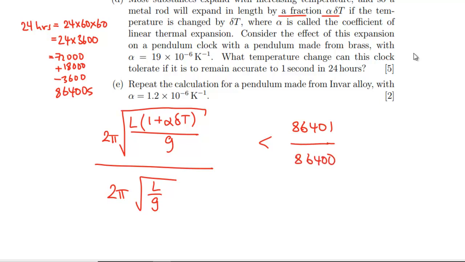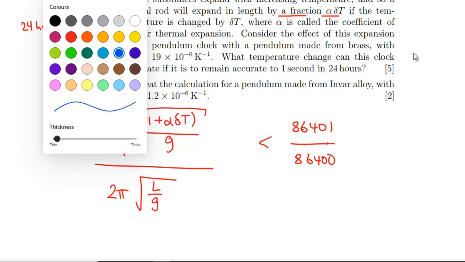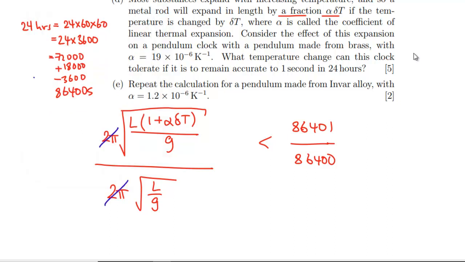So we need to just keep that inside this change in fraction here. I've written massive writing on here. Right, so the 2 pi's, I'm going to go back into blue again to rearrange some of this. Let's go for the darker blue. Get rid of those 2 pi's. So we're going to have to square everything, and then the G's are going to cancel, the L's are going to cancel.